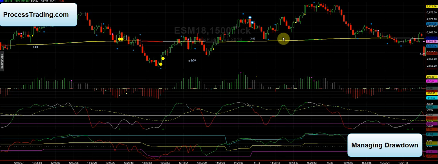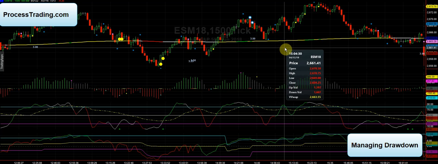But let's say it was not a successful trade. What would have happened? Here's our last PT range indication that helps us establish the drawdown. We add half a point to that. And so that'd be 3.5 points. Let's see. Was this 3.5 points just for the heck of it?